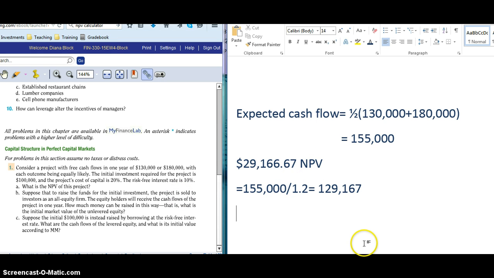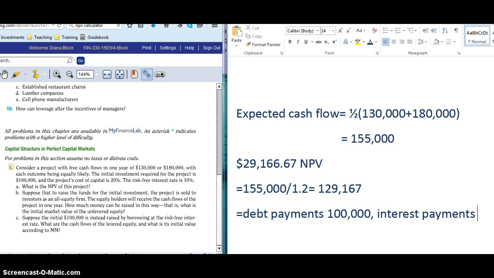Of course, if the $100,000 is raised through debt, then there are going to be debt payments of $100,000. There's also going to be some interest payments, so we aren't going to deal with the interest payments in this problem, but we know that there is going to be an interest payment of $10,000 because the debt is at 10%.